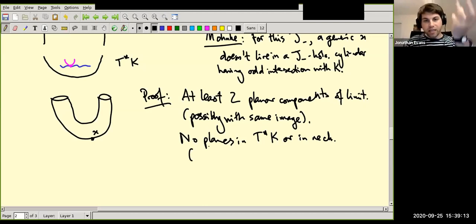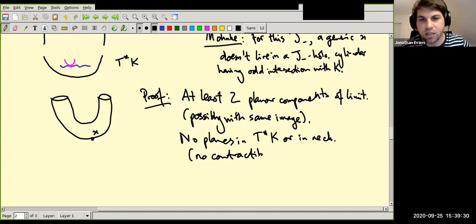If you had a plane asymptotic to a geodesic, it would give you a contraction of the geodesic just by projecting back down to the zero section. So this is because there are no contractible geodesics on K.